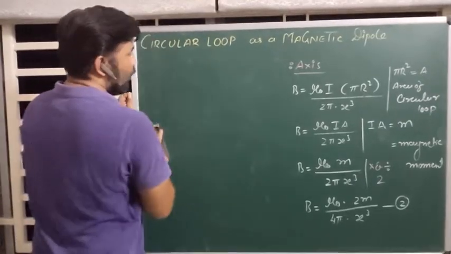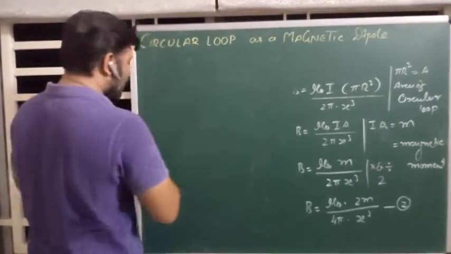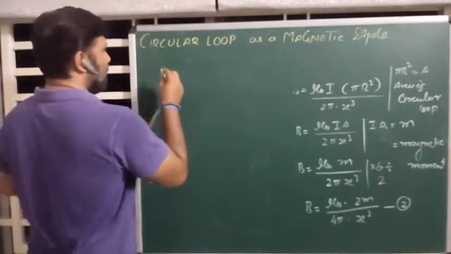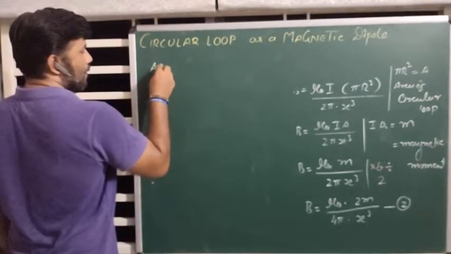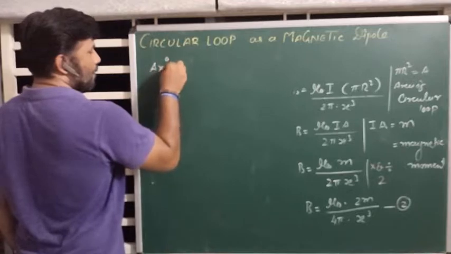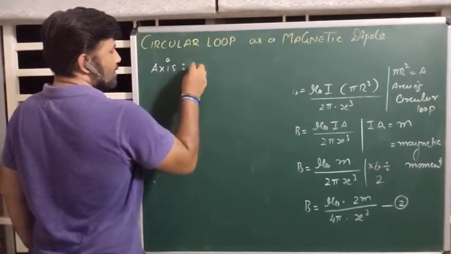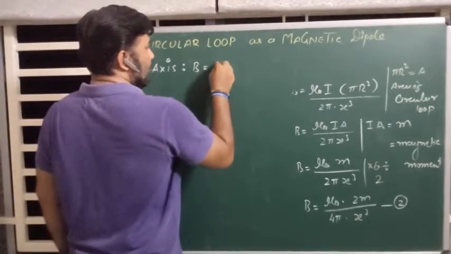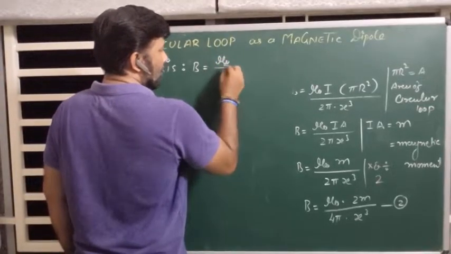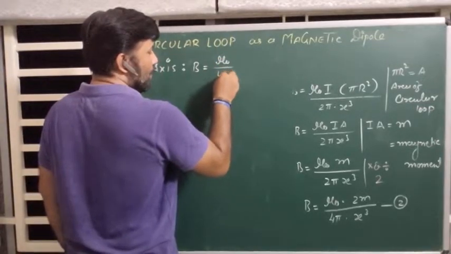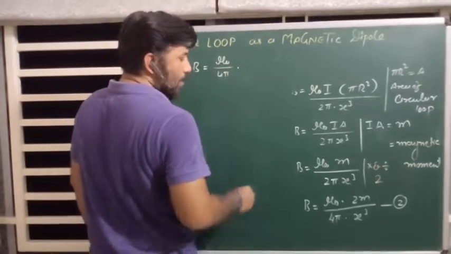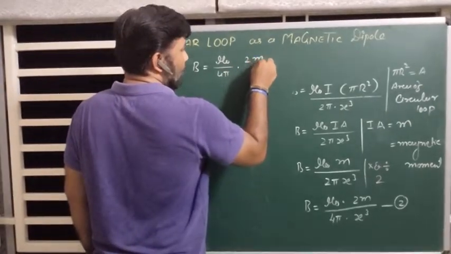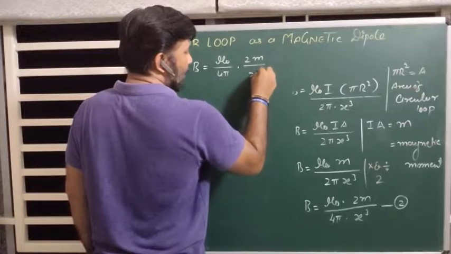So for an axis, we have obtained the equation B is equal to mu 0 upon 4 pi multiply by 2m upon x cube.